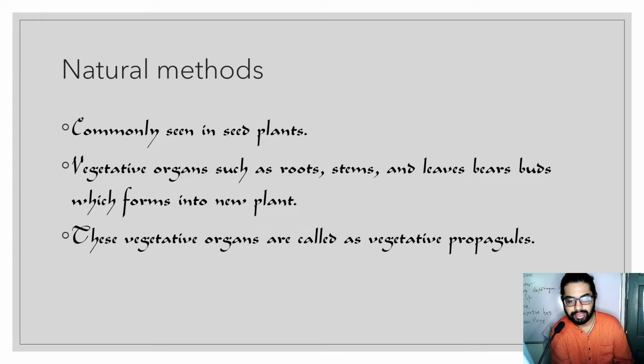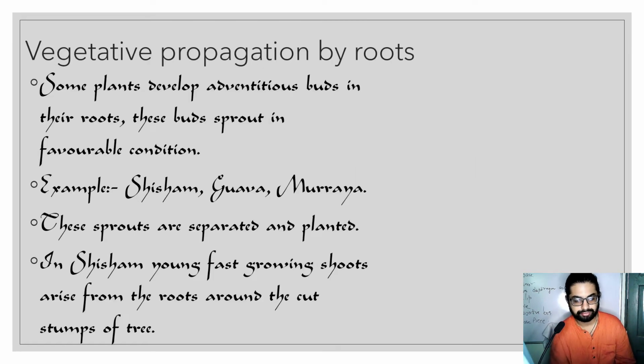Just to say that the roots, stems and the leaves of the parent plant develop buds, and these buds, upon finding suitable temperature conditions and a favorable situation, develop into new plantlets. These vegetative organs are called vegetative propagules. So these roots, stems and leaves are called vegetative propagules.